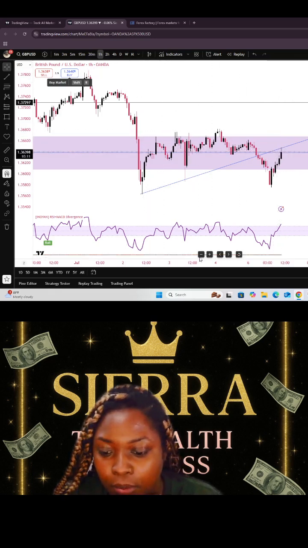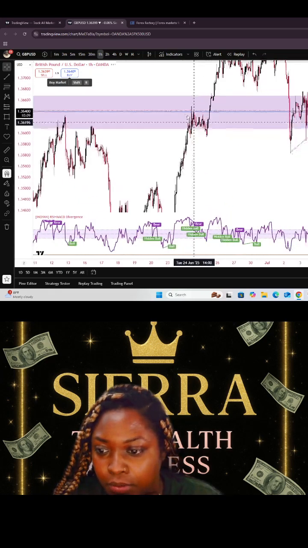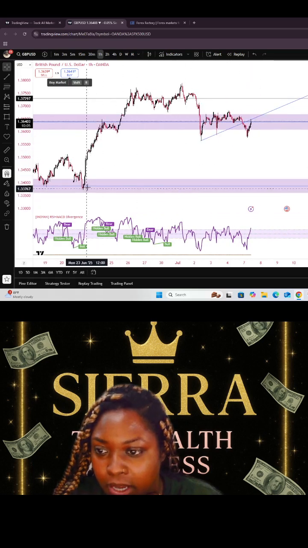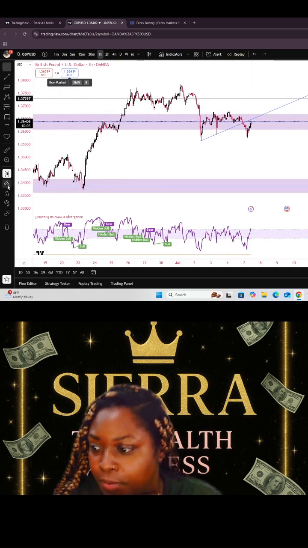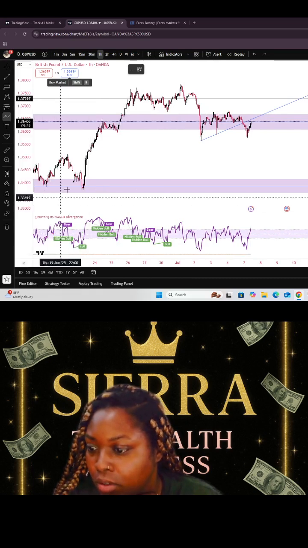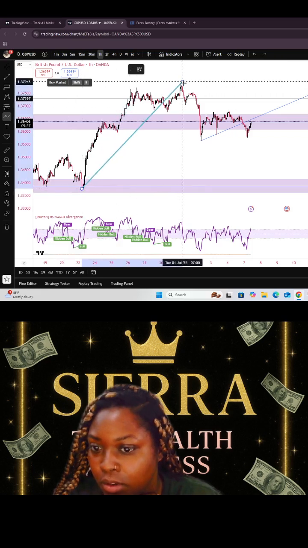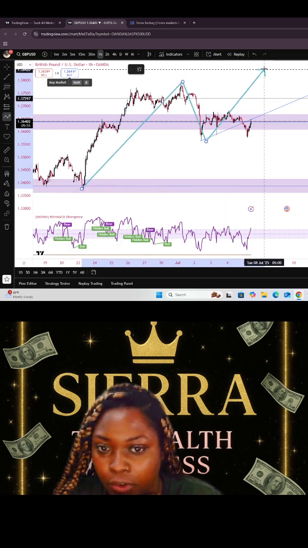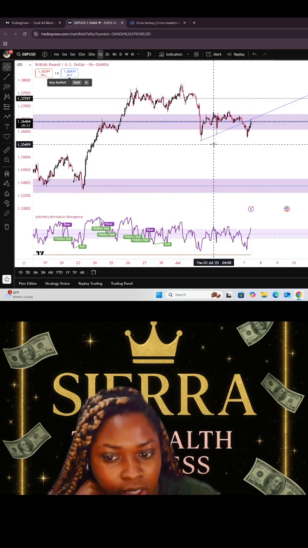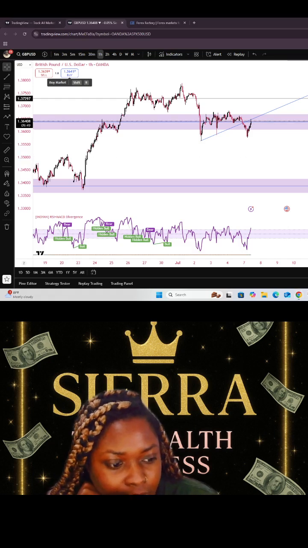I'm looking for buys because if we zoom out, the week before last, we got this big impulsive move, right? And the market moves in impulse, correction, and now I'm looking for continuation, okay? It came back to the 50% area on my fib.